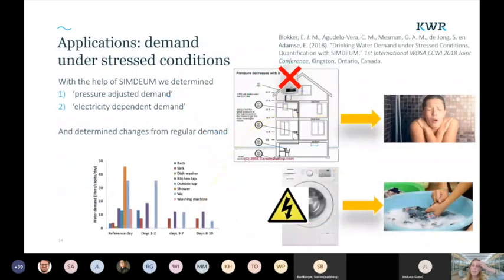So some of the applications that we really went down to the level of the end use is looking at how demands change when pressure or electricity is insufficient. So if there's not enough pressure, but still some, you might find that the top level of the house has no pressure.